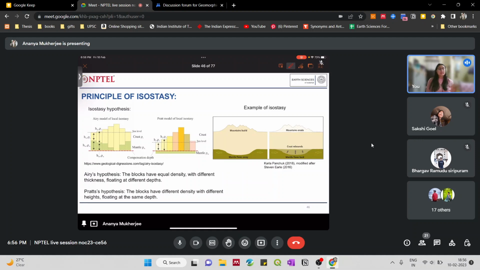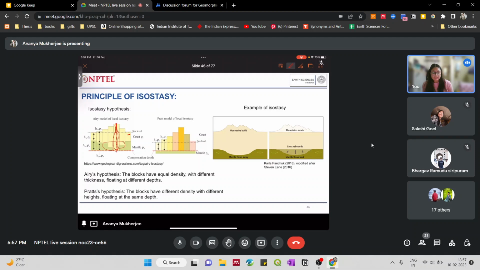That is where the mountain roots come into the picture. You can see over here, the more the height above the sea level, the deeper are the roots that are present. The material present below the sea level is called the root. Suppose this is an oceanic crust.